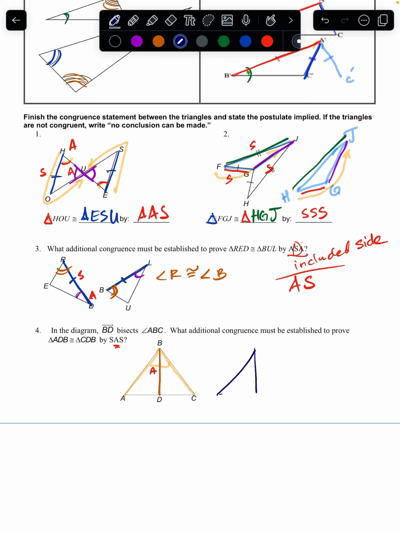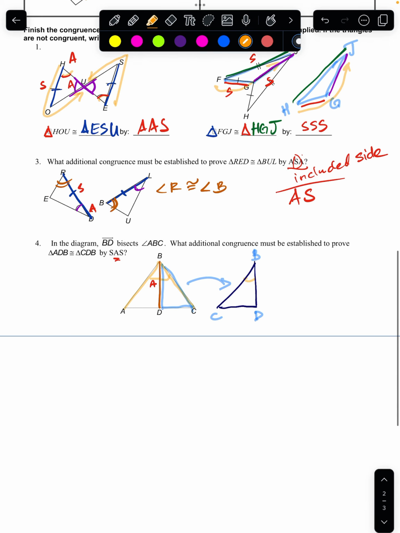So let's flip this triangle right here. BDC, I'm going to flip it right here. So now this is my C, this is still my B, and this is my D. So I've reflected it. And now I know that my two angles up here, ABD and CBD, are congruent.